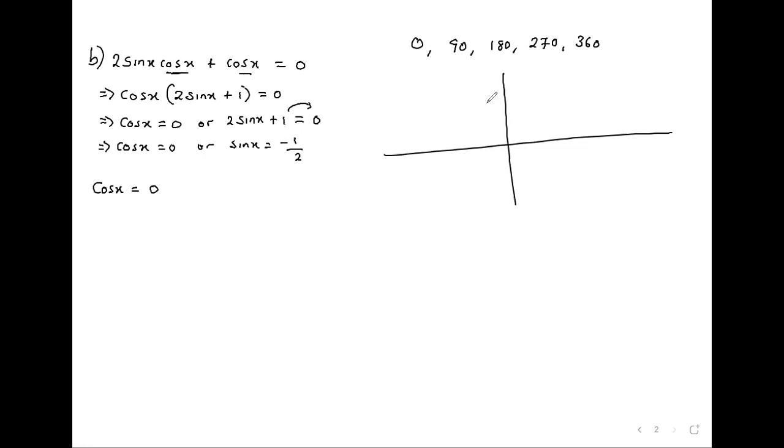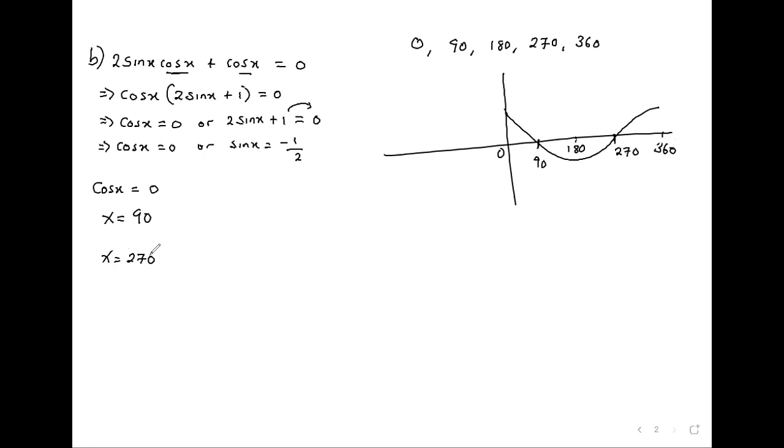So we saw that the graph of cos is of this kind, where this is 90 and this is 270 and this is 360 and this is 180 and the first one is 0. So for cos x is equal to 0, we know x is equal to 90 and x is equal to 270.